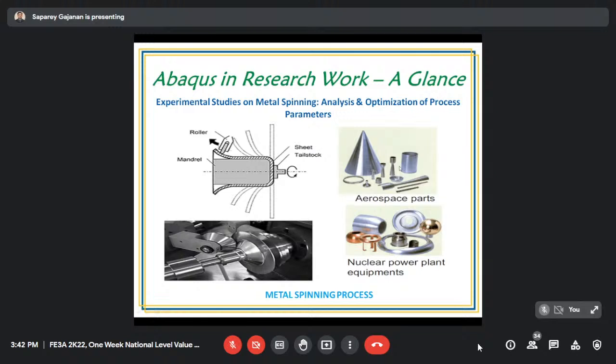In one or two stages itself, I should get an acceptable final part without much error. For that, we need to do certain iterations following some methodologies and give the best suitable parameters. What is the minimum force required to get the final part is the particular problem in this research work.